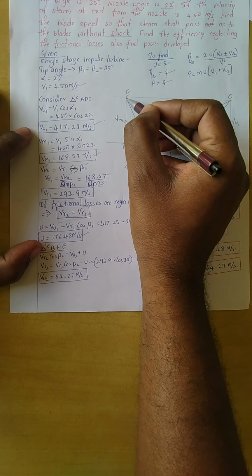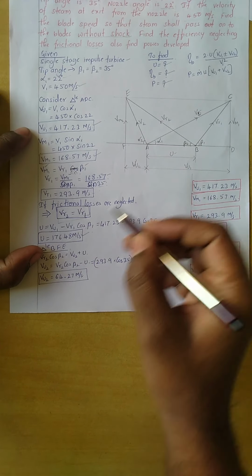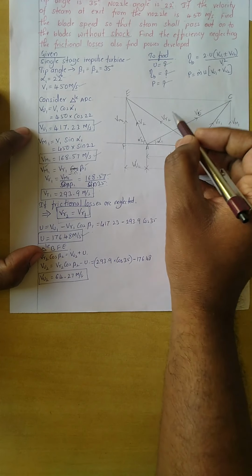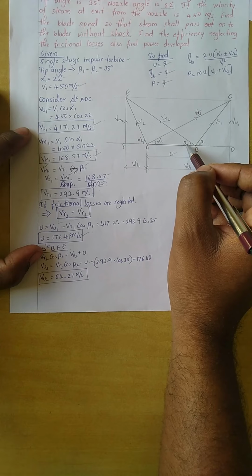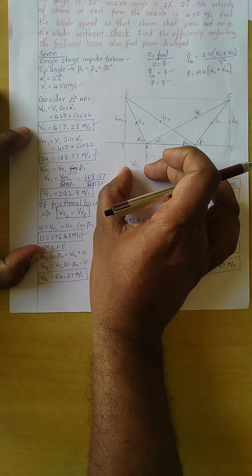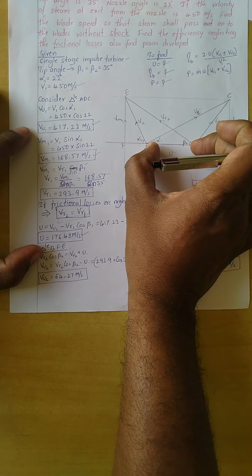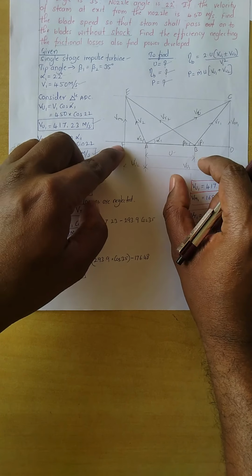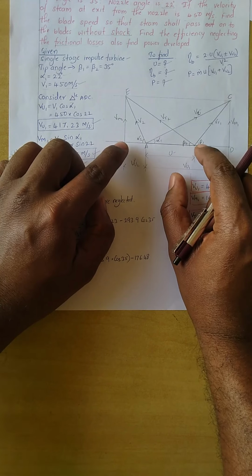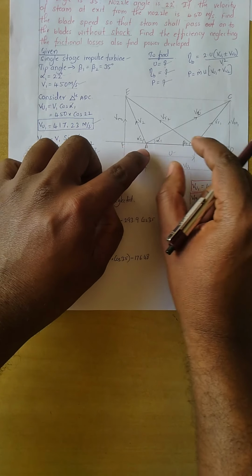In the triangle BEF, VR2 cos beta 2 is FB. FB is FA plus AB.